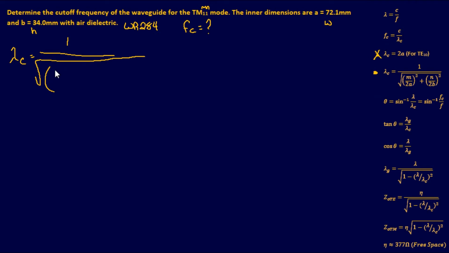All right, so we're going to have a 1 over, because it's M, and then it's 2 times A, which in this case is going to be 72.1 times 10 to the negative 3.